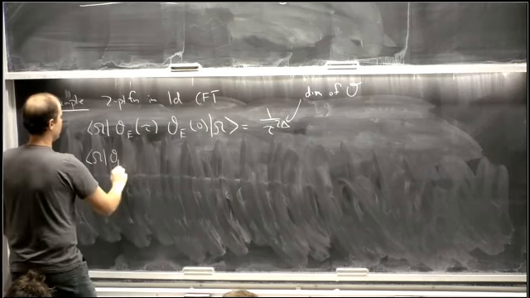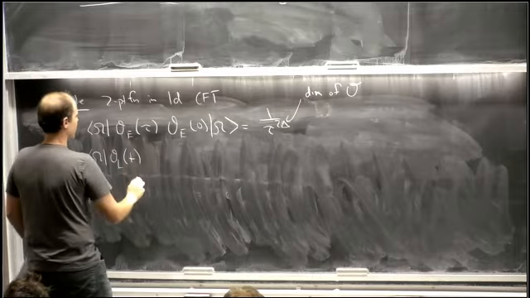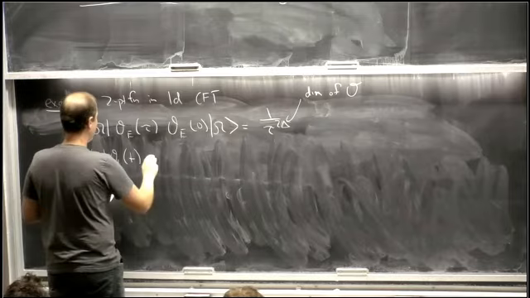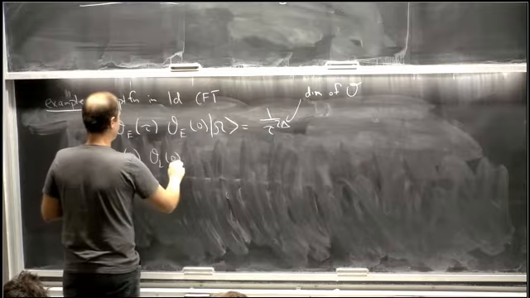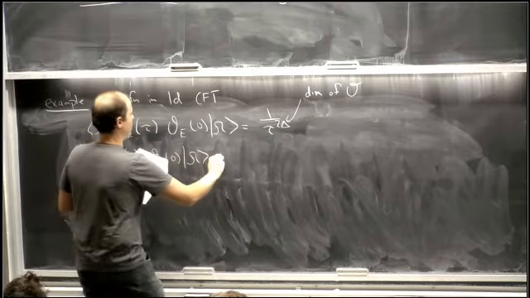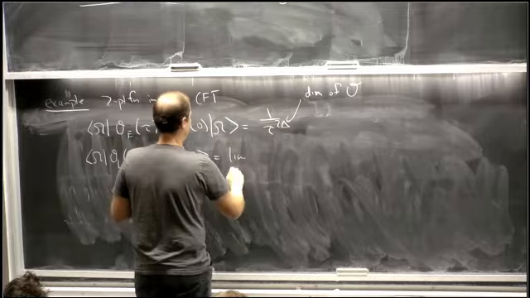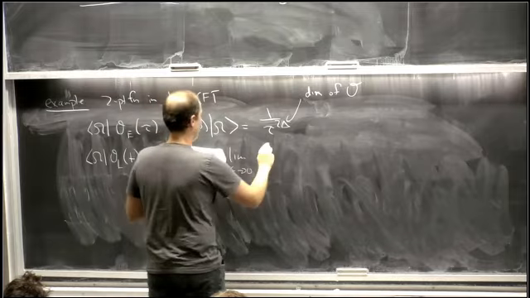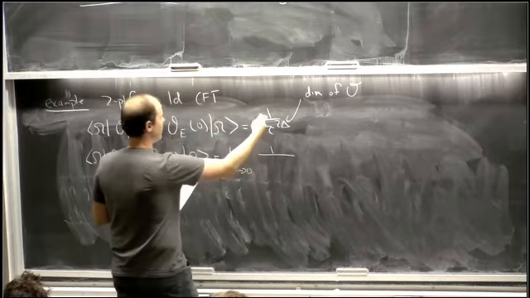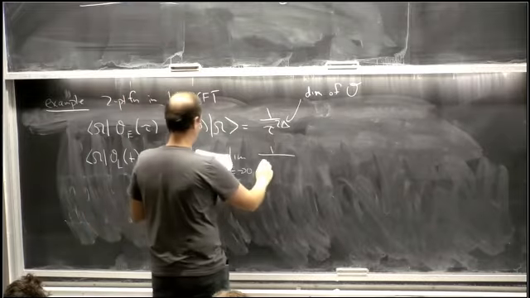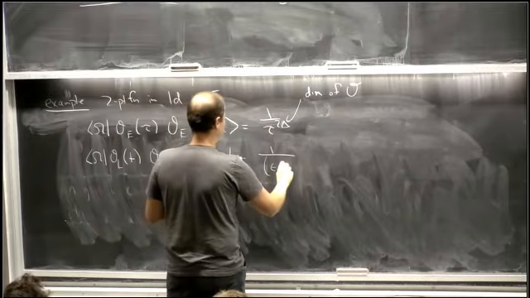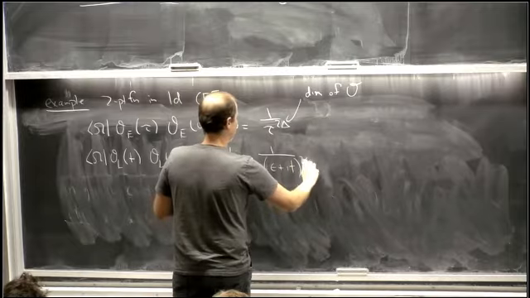So what that means in this case is that the Wightman function of O of t, O of 0 is the limit as epsilon goes to 0 of what you get when you evaluate this thing at epsilon plus it, so epsilon plus it to the 2 delta.